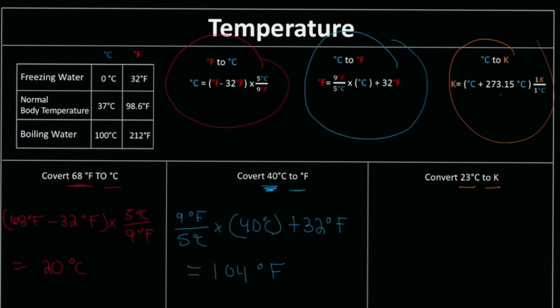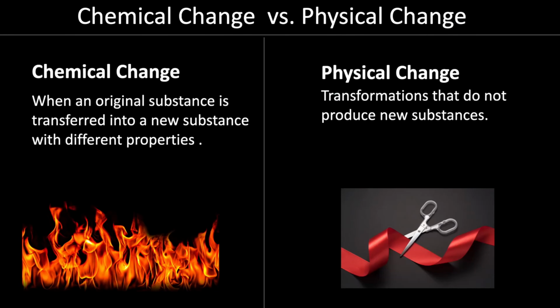We plug in 23 in place of Celsius to get our Kelvin: 23 Celsius plus 273.15 times 1 Kelvin over 1 Celsius. That's going to give us 296.15 Kelvin.